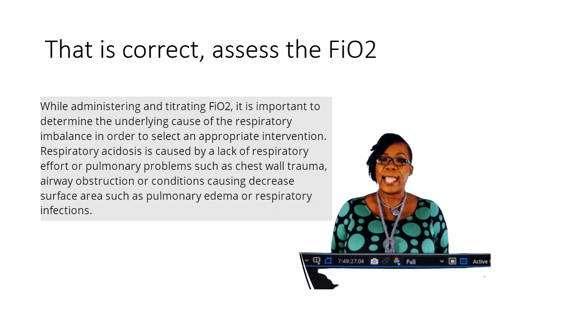Respiratory acidosis is caused by a lack of respiratory effort or pulmonary problems such as chest wall trauma, airway obstructions, or conditions causing decreased surface area such as pulmonary edema or respiratory infection. We can ascertain that our patient does have a respiratory infection.